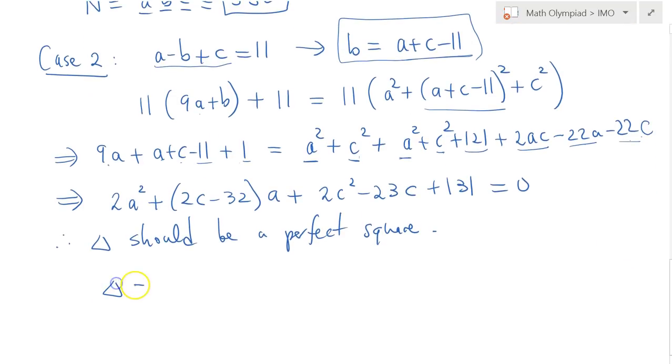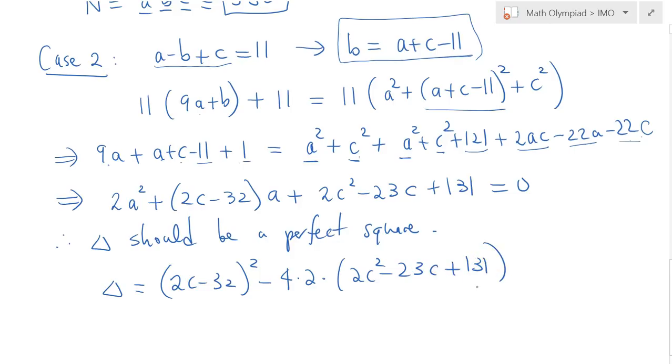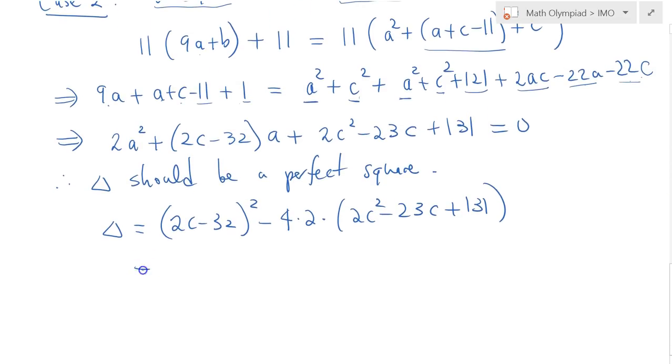So the discriminant of this expression is, oh boy, 2c minus 32 squared minus 4 times 2 times this expression over there. Oh boy, this question turned out to be really bashy actually, and we want this whole thing to be a perfect square. Okay, I've come this far, I can go a little bit further. So I have 4c squared.